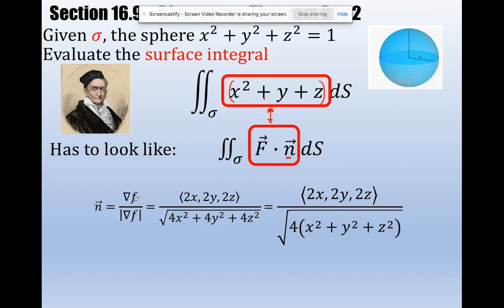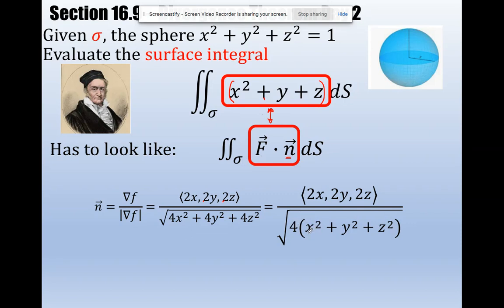So I took the normal of my surface and divided it by the magnitude of the gradient, right? So hopefully you can see where 2x, 2y, and 2z came from, and then the square root of all of those squared and added together. Look what I did here with the denominator, factored the 4 out.